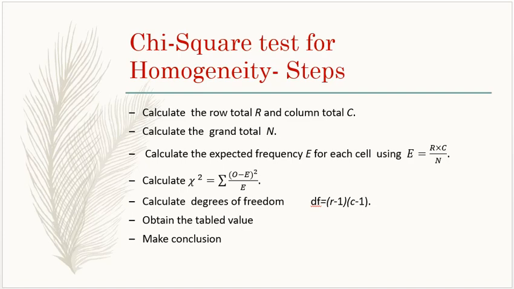Here also you have to calculate the column totals, row totals and grand total, based on which you get the expected frequencies, which is R times C divided by N, as done in the earlier cases of the test of independence. The degrees of freedom is again the same, R minus 1 into C minus 1, the number of rows minus 1 into the number of columns minus 1 of the given table.